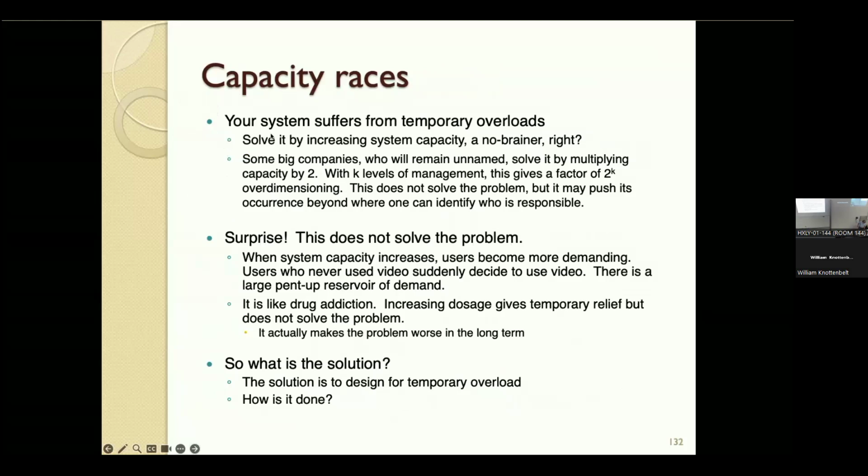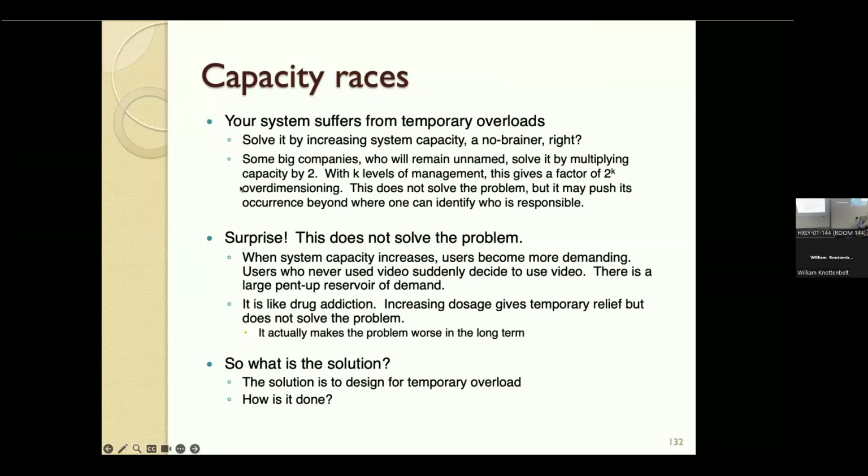So, some stories on that. What's the no-brainer solution? Just increase capacity, right? Some big companies, and I will not name the main one I'm thinking of, solve it by multiplying capacity by 2. And in fact, if you have multiple levels of management, each one multiplies by 2, so you have 2 to the k overprovisioning.